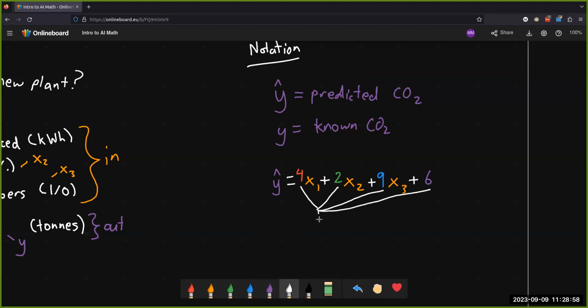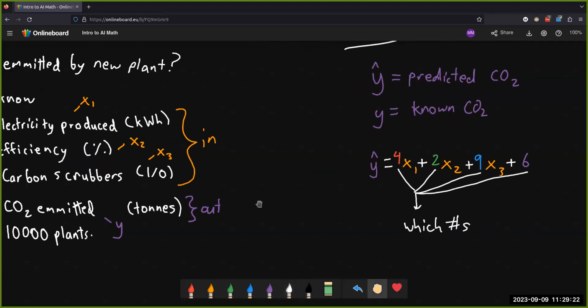How do you know that these numbers are what we should use? And that is actually the question that the AI model has to answer. Which numbers do we put in here? Which numbers would help us best take the input data and combine it in some way that lets us get the output we desire?